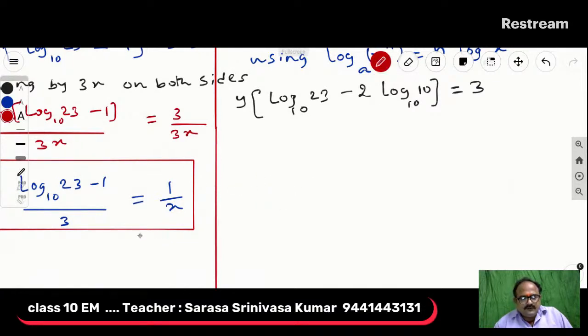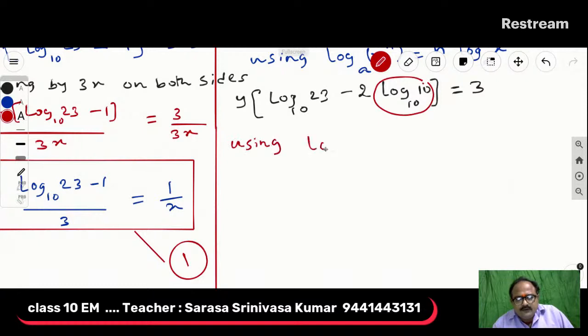Now in place of log 10 base 10 we can write 1 using log a base a equal to 1. Using this formula we can write log 10 to the base 10 equal to 1.